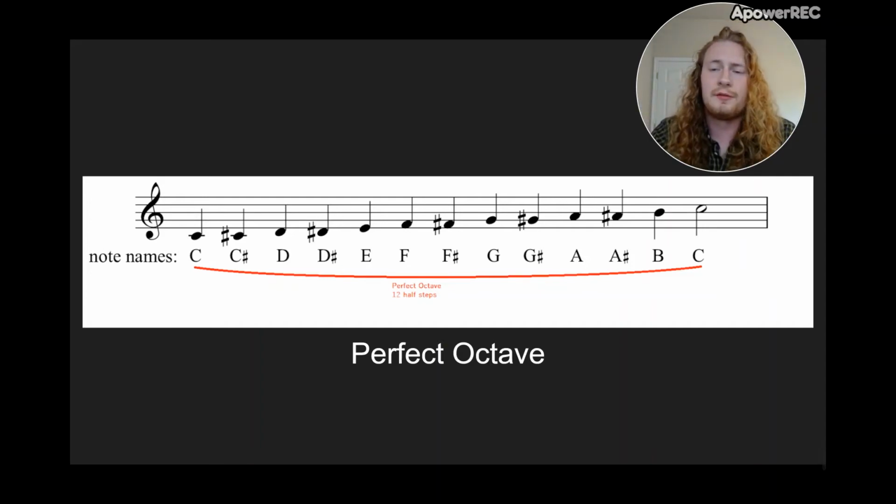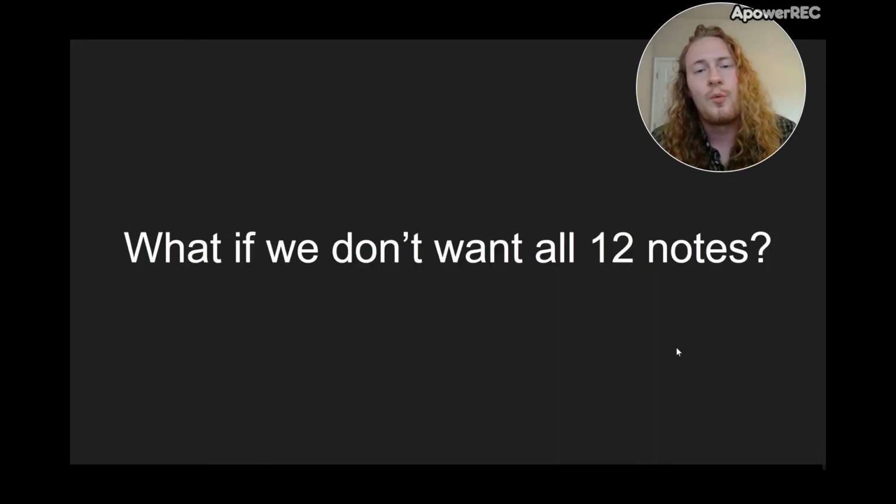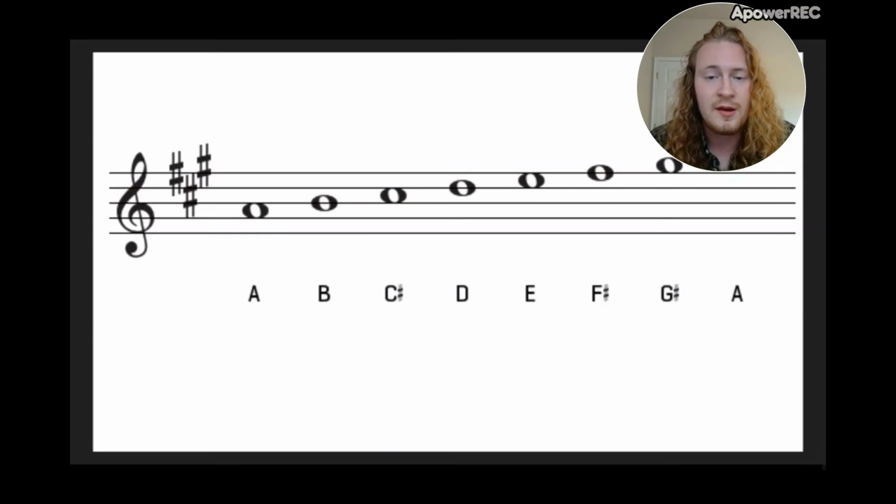So these are all the intervals that we have in a chromatic scale with all 12 of our notes. But what if we don't want all 12 notes? What if we decide that the sound of our song is something that's not the chromatic scale? Well, then we're simply going to have to make a new scale, like the one you see here.